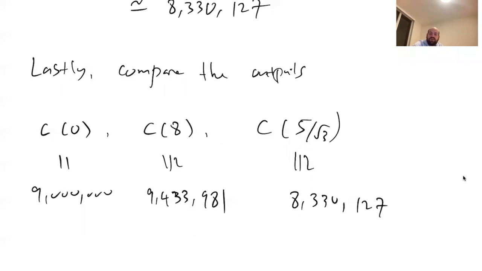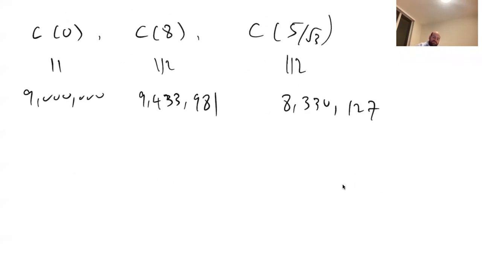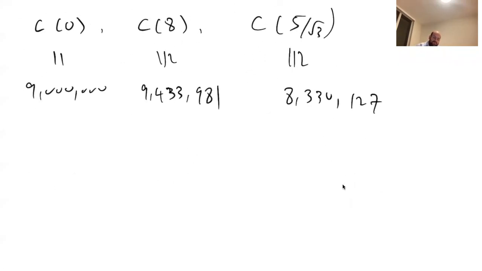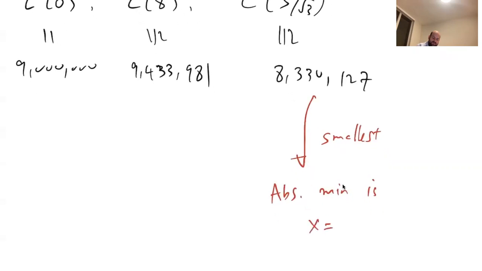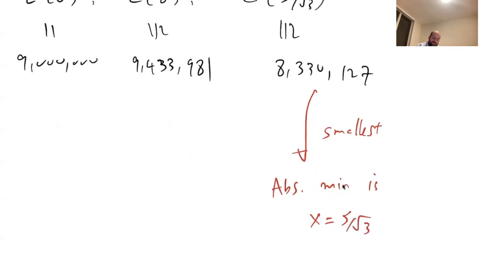Remember, we want to minimize the cost, the absolute minimum of the cost. So we have to compare the outputs and choose the smallest one among these three numbers. Obviously, the smallest one is this, and that will give us the absolute minimum. So x equals 5 over root 3. What does that mean?